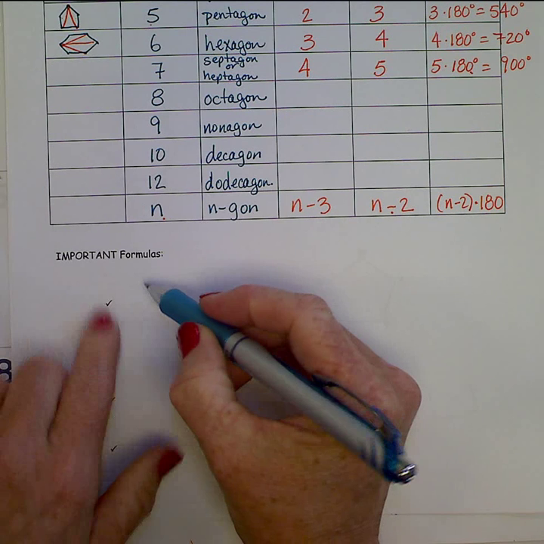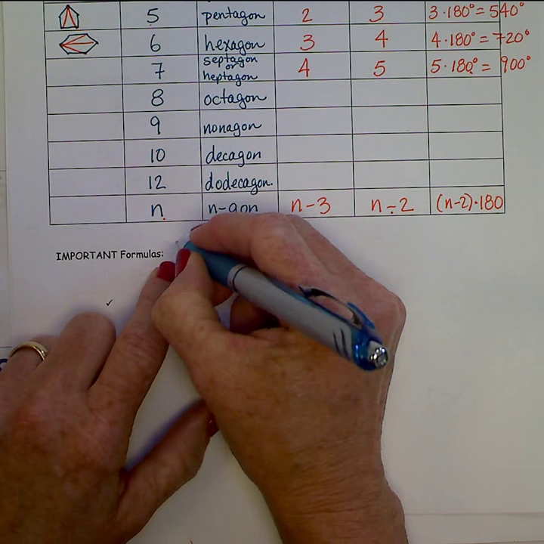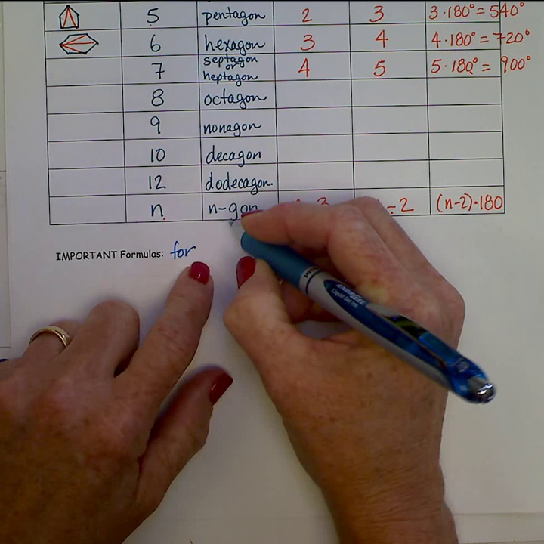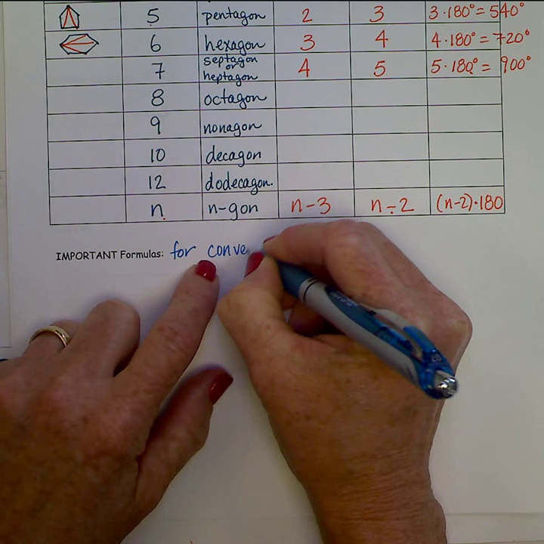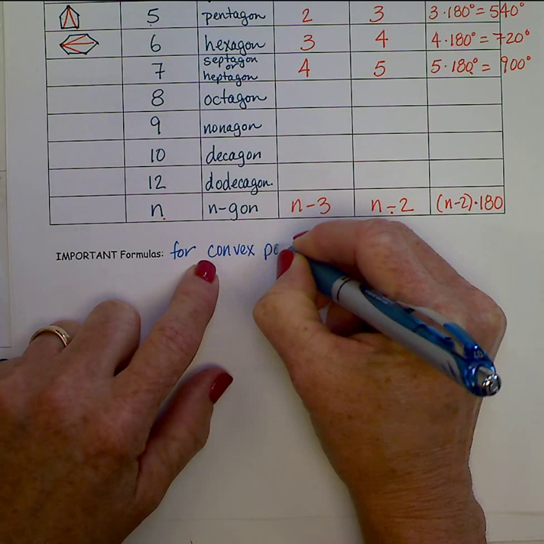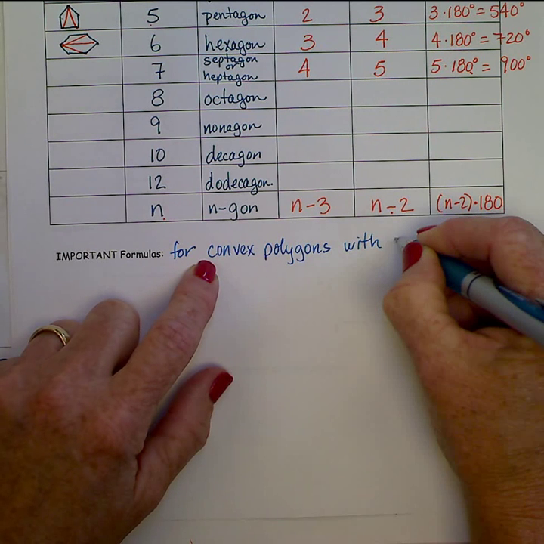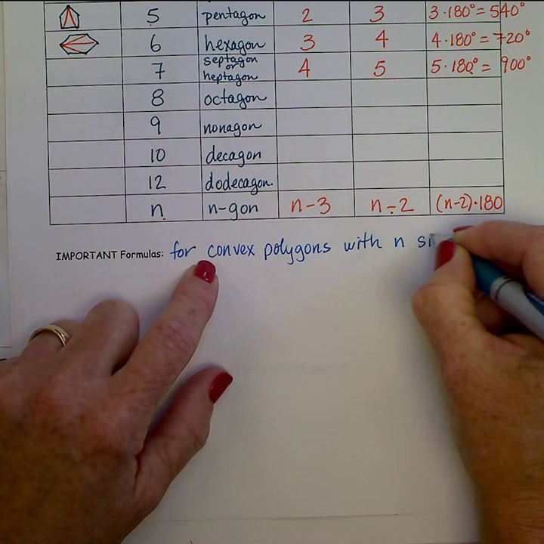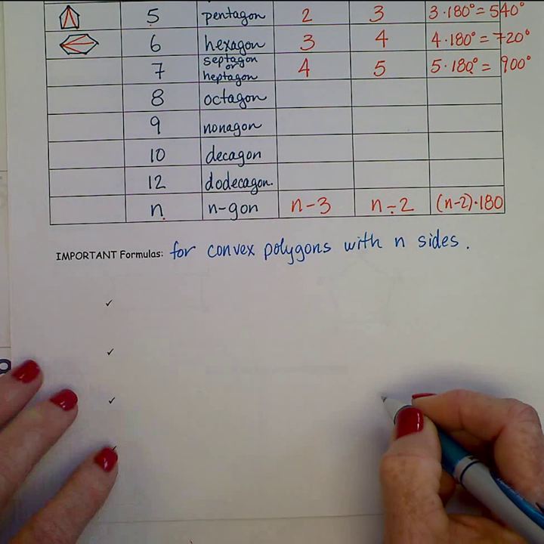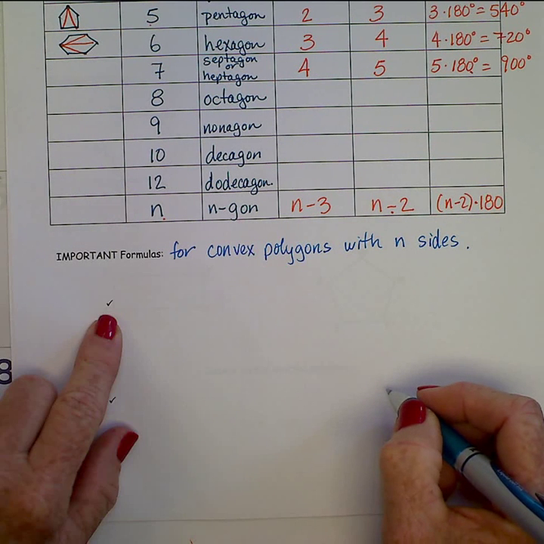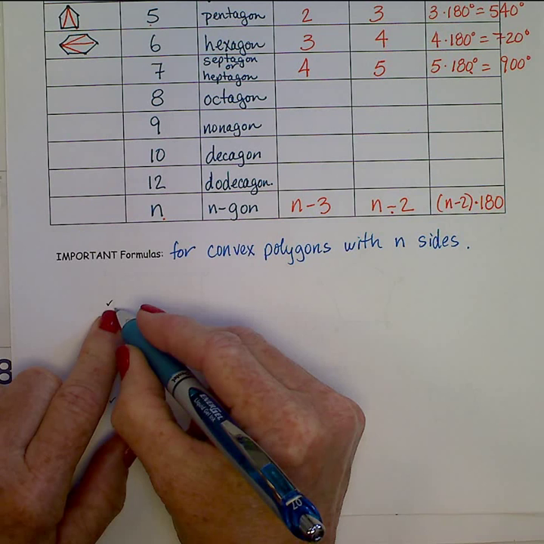So these are some important formulas for convex polygons with n sides. And the first one is the number of diagonals from one vertex is n minus 3.